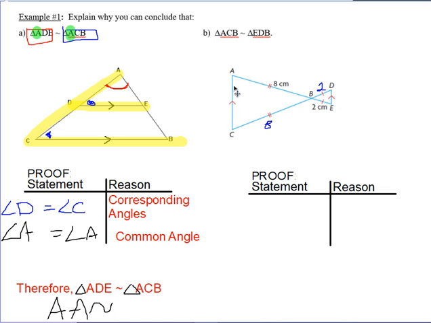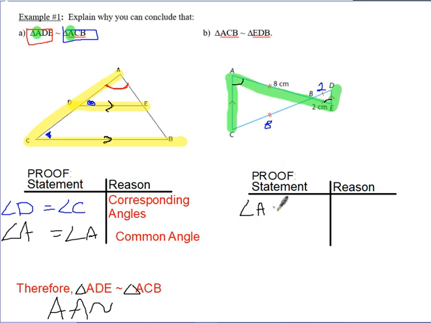Notice that we do have parallel lines. Look at that, AC and DE. And to be honest with you, we will usually have parallel lines. I don't know why these ones weren't there, but we will always have them. So let's talk about what type of angle properties we might be able to see in here. I'm noticing something like this Z pattern here, which tells us that angle A is equal to angle E. So let's go ahead and write that.